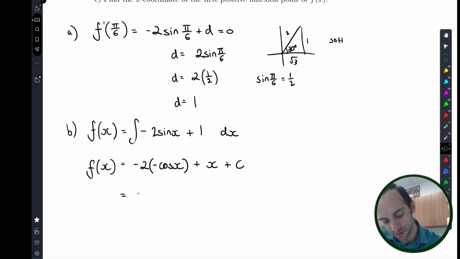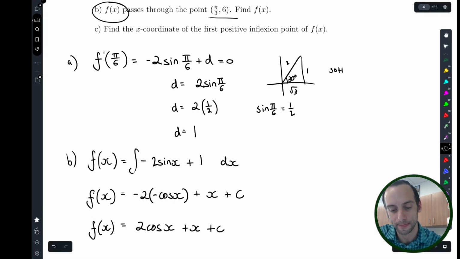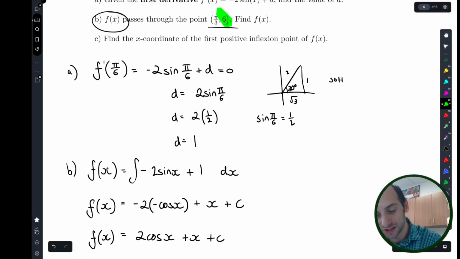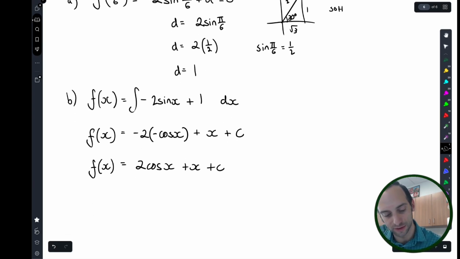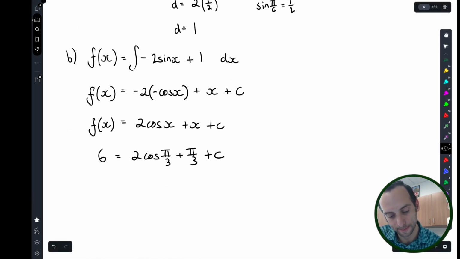And you should be able to make the connection here that this is pretty similar to the previous problems we've done, where we're now expected to find this boundary condition. Okay? We were given a point in the question, that was the pi over 3, 6. That should allow us to find this constant c. Okay? So 6 equals 2 times cosine pi over 3 plus pi over 3 plus c.